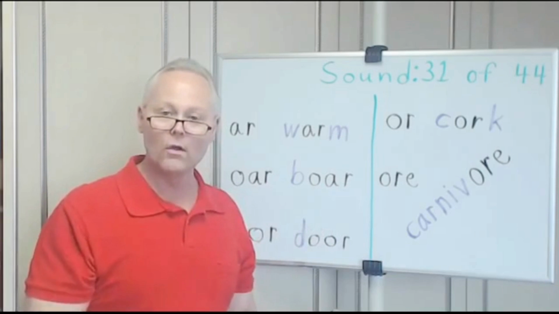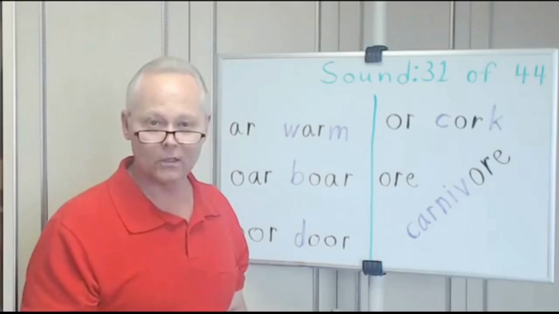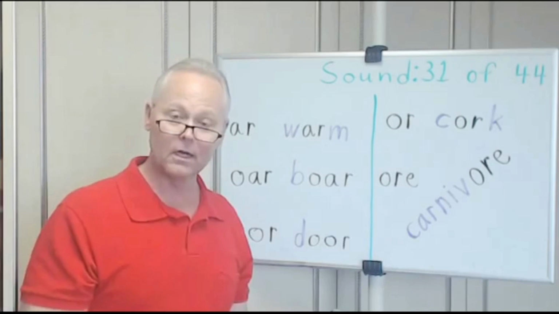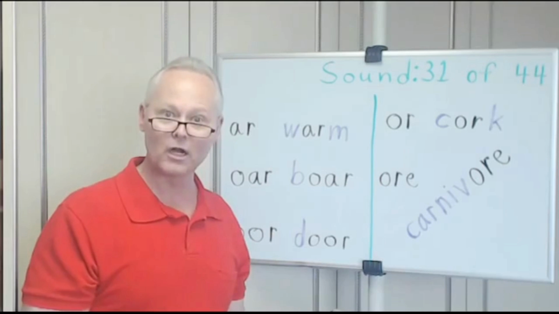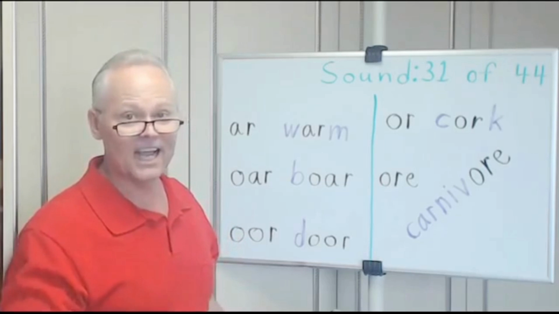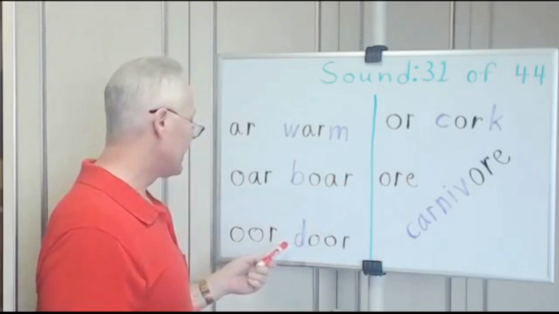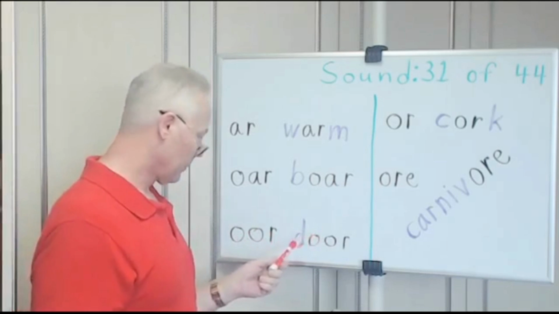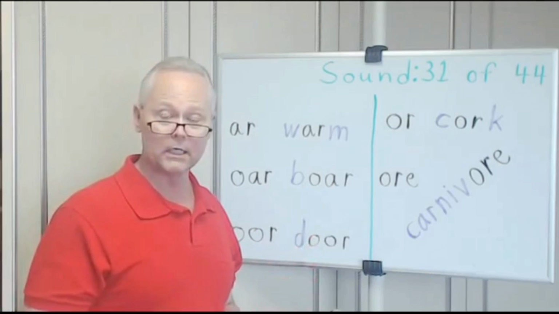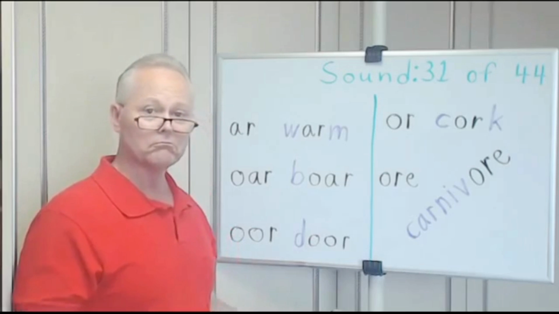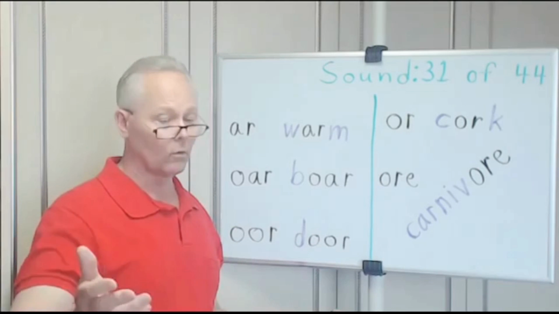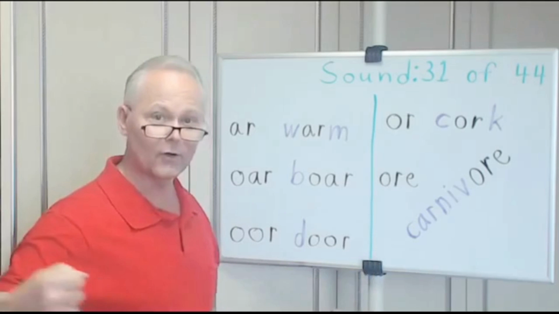Did you know that a male adult pig is called a boar? A boar. The mama pig is a sow. Or boar. How about OOR? We have door. Door. Open the door, walk in the room. A door.